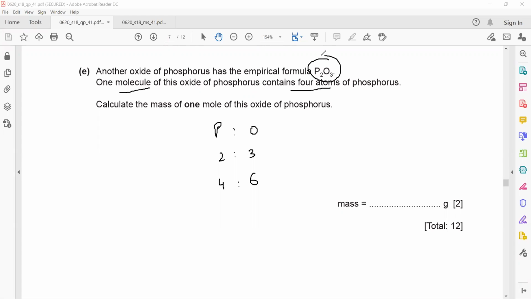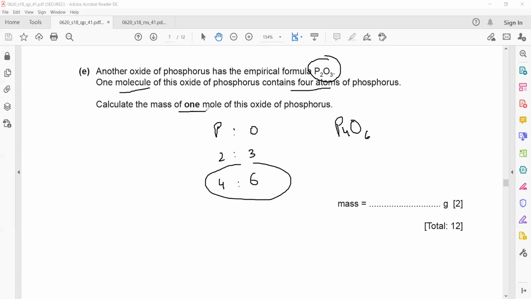So if there are 4 phosphorus atoms in the molecule, then because the ratio should be 2:3, the oxygen should be 6. Because when you simplify this, you will get 2:3. So the actual molecule contains 4 phosphorus and 6 oxygen.